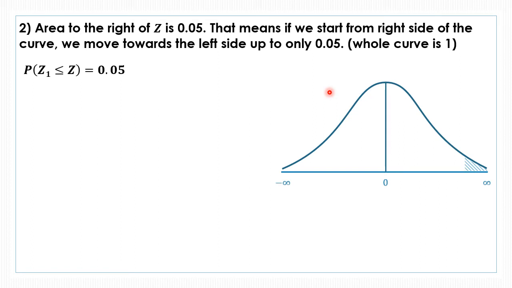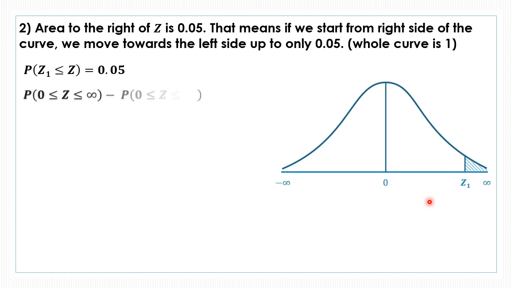I am going to start with my positive infinity value, because right hand side means the positive infinity. I am going towards the left direction, and I only have a very small value of probability, that is 0.05. So this is the only part which I am going to highlight here, and thus the z1 value I get. Looking at the curve, we are calculating probability between z1 and positive infinity.